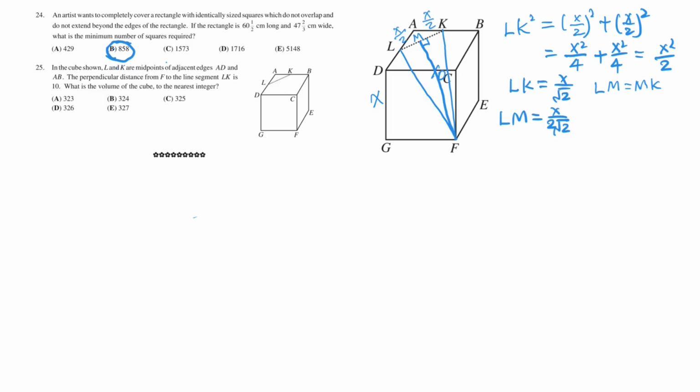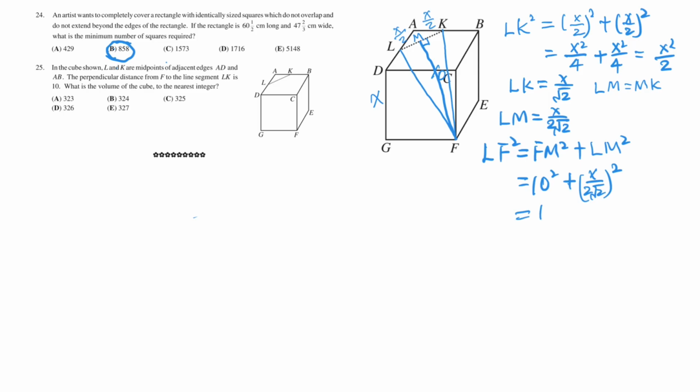Now we use the Pythagorean theorem to calculate LF. LF square equals FM square plus LM square. FM square is 10 square plus (x over 2 root 2) square.